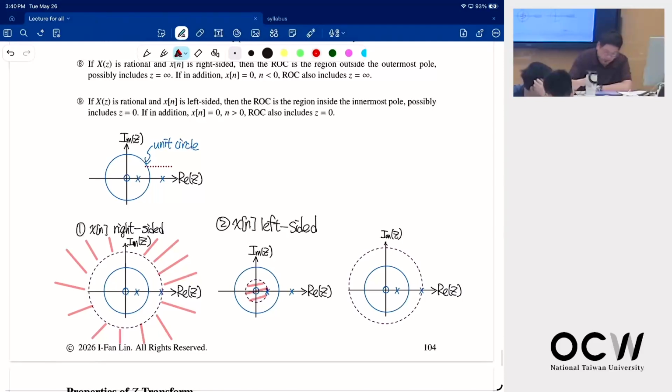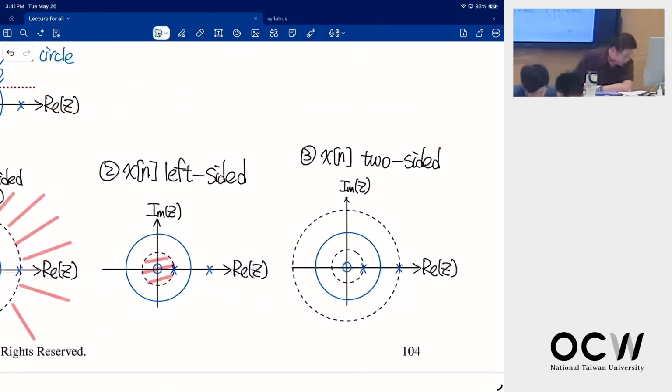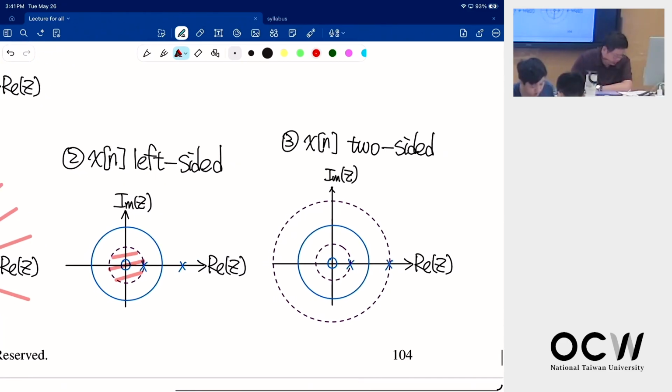If x is two-sided, there'll be a ring, but it cannot touch the poles.